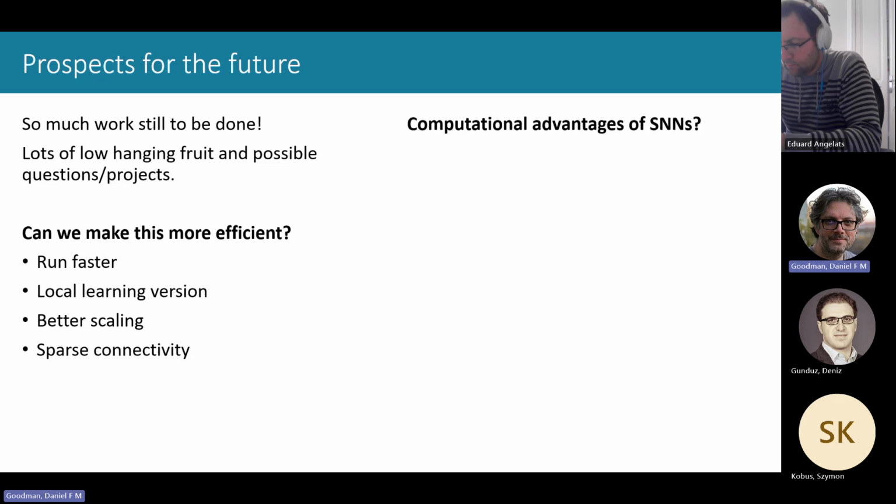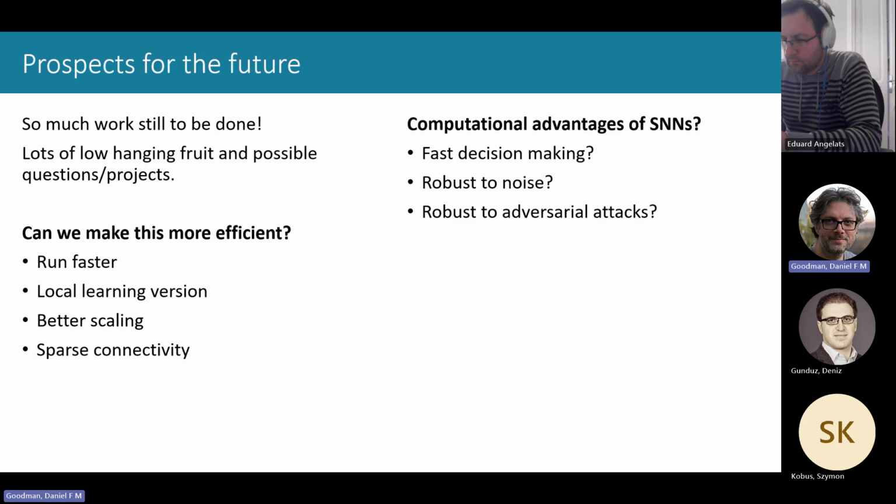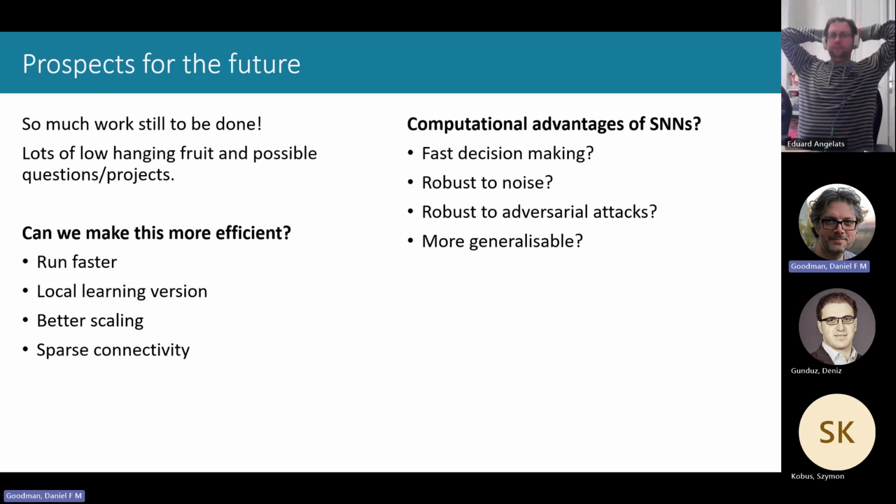I think one of the topics that concerns me is, are there computational advantages to using spiking neurons rather than artificial neurons? Some of the things that I have in mind are that they might be useful for fast decision making. They might be a bit more noise robust, partly because of these thresholding operations. Some people have suggested that they will be more robust to adversarial attacks, and that they might be more generalizable.